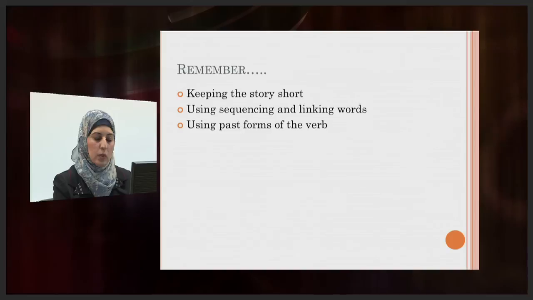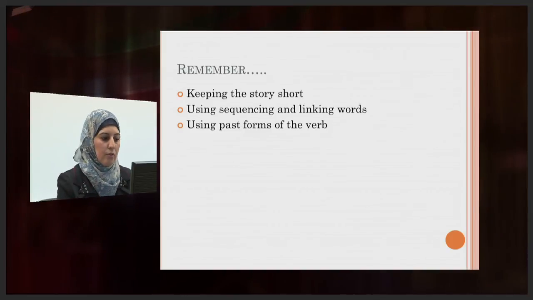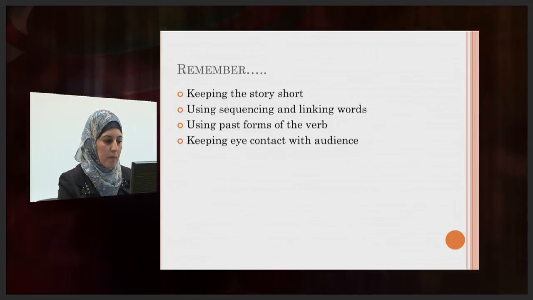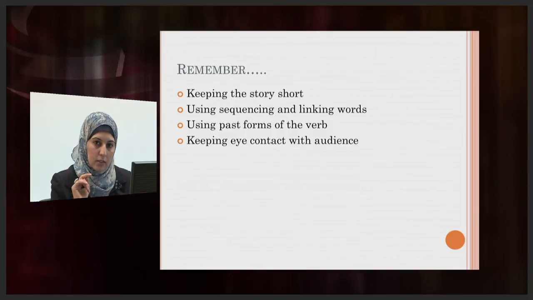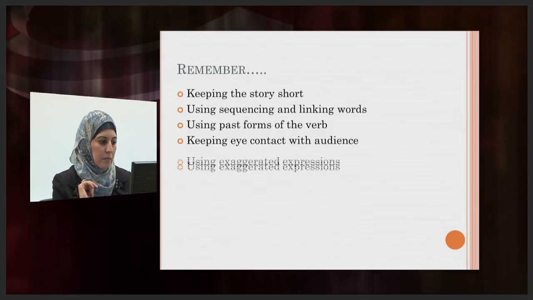That is all for today's lesson, but before you leave, try to remember these points. Keep the story short. Use sequencing and linking words. Use past forms for the verbs. Keep eye contact with your audience.